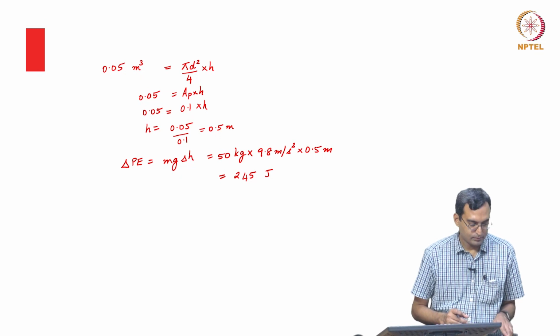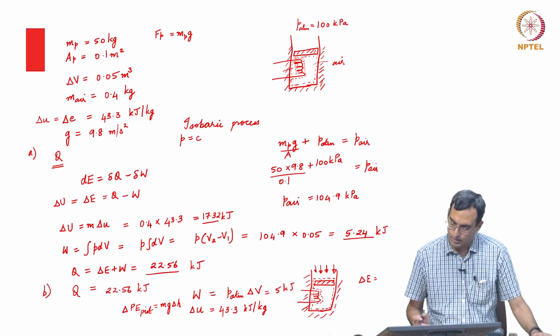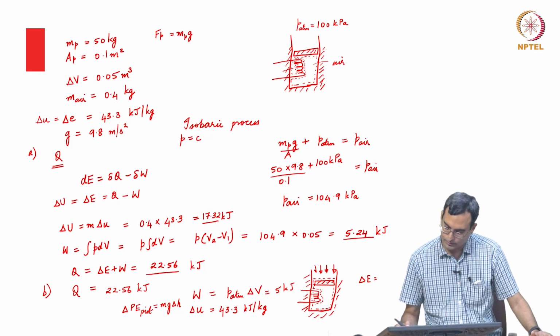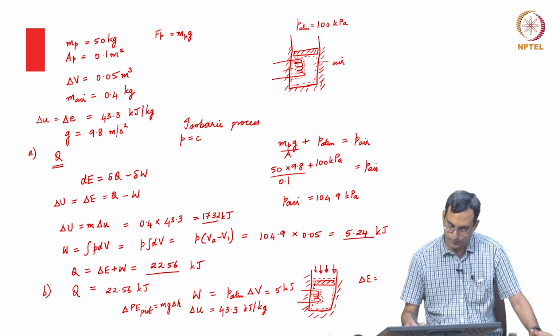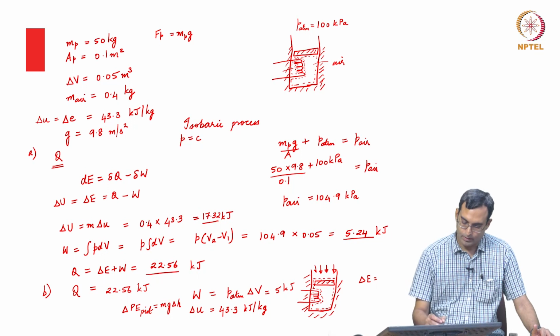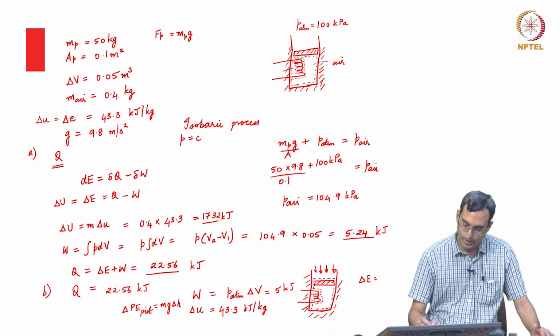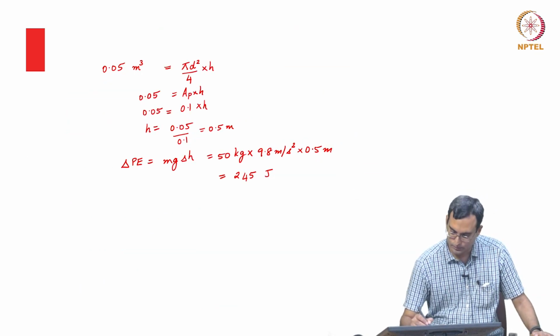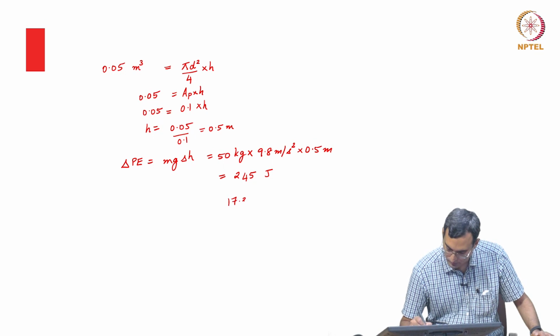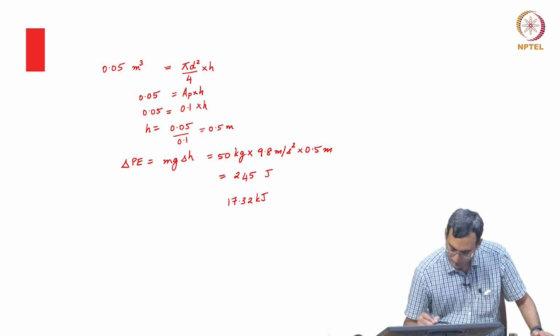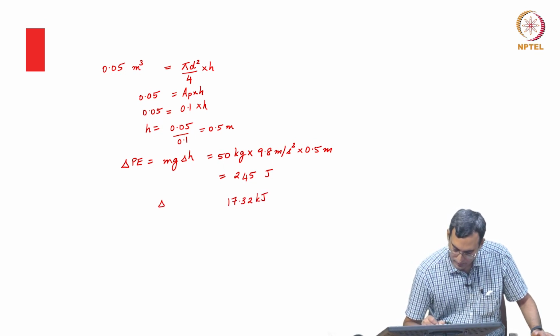And I had here the remaining portion, 43.3 into 0.4, I had this 17.32 kilojoule, is the change in energy of the air.